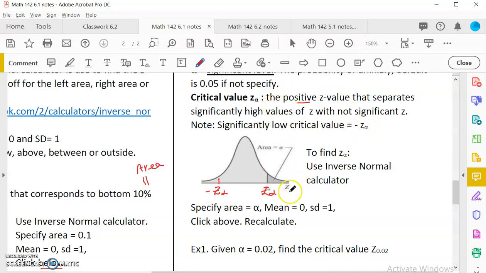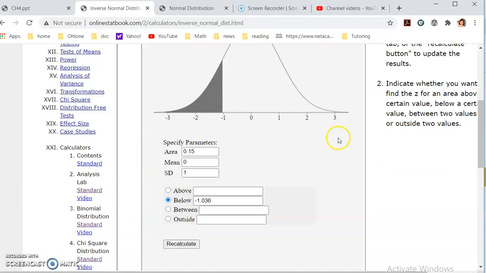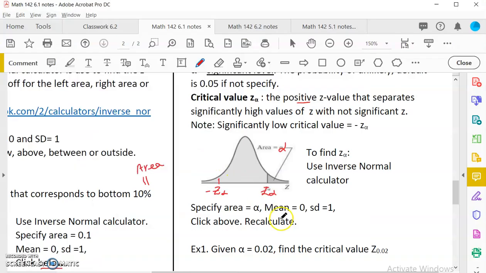Significantly high values are Z alpha, where the right area is 0.05. So we are to find Z. We know the area is alpha. Alpha is the unlikely event. So we use inverse normal, where the specified area is on the right and is always above. You click above for a critical value.